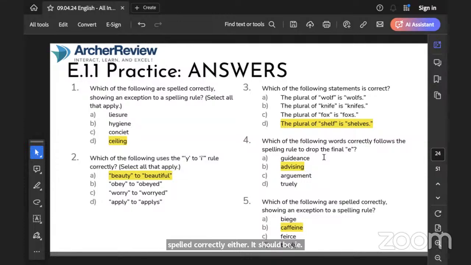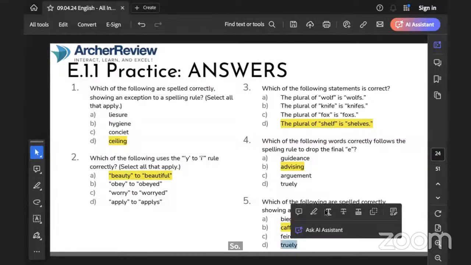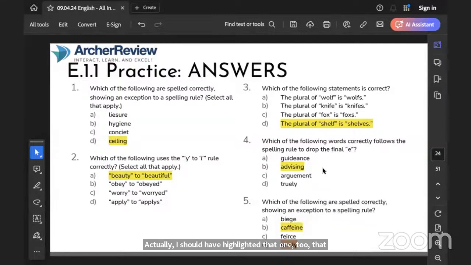And then truly, so actually, I should have highlighted that one too. That one's correct as well. Sorry. So that one would be B and D, because truly is spelled correctly.